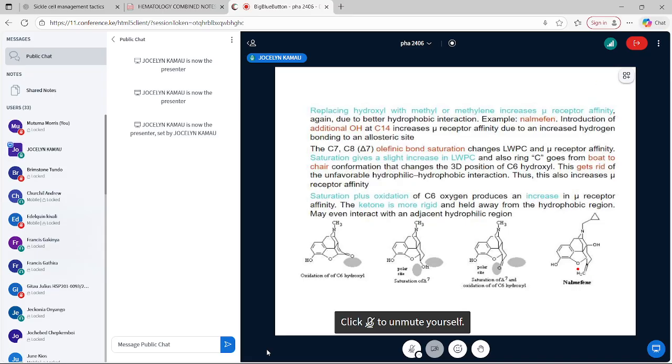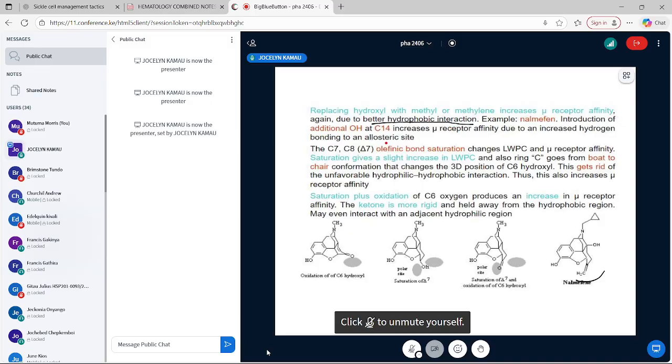So when you introduce this group there, you increase the mu receptor affinity, again due to better hydrophobic interactions. When you remove the hydroxyl group, you have also removed the double bond, and you now have the chair conformer rather than the boat conformer. So this group has shifted a little bit, and it gives very good hydrophobic interaction.